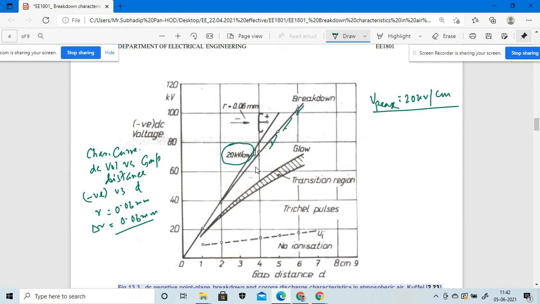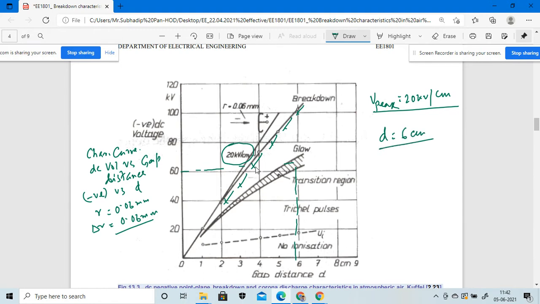This equation and this characteristic curve are for the transient region, because when we see this particular region, the gap distance is 6 centimeter.